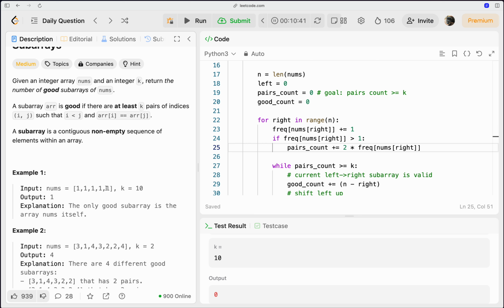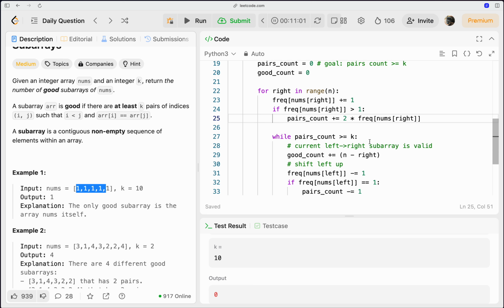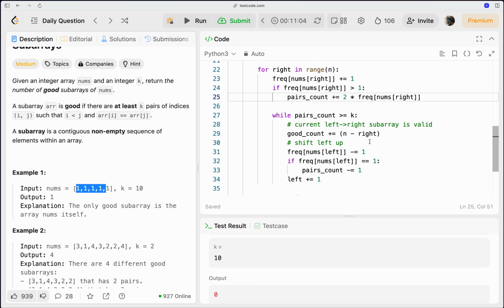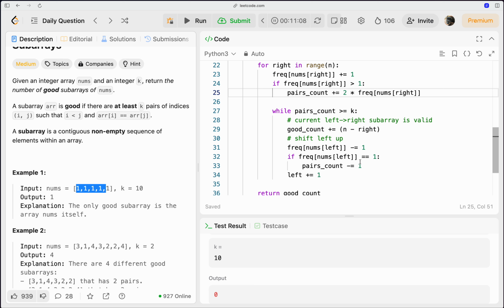And maybe before, hmm, 2 times frequency nums right.